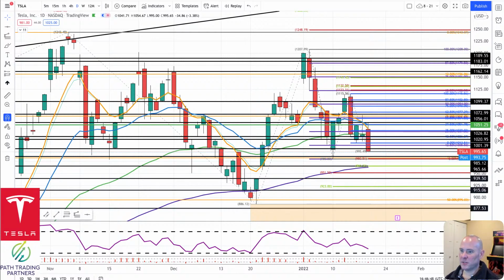How to spot that reversal at 985? The reversal we don't have yet at 985, or which reversal are you referring to? If we were, my next target is 980.